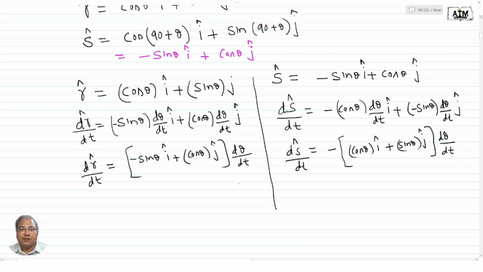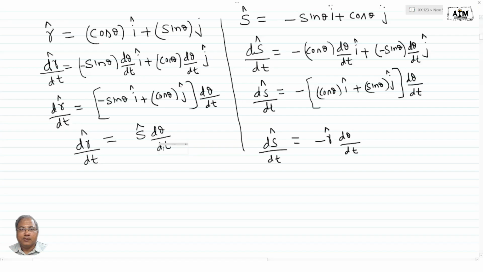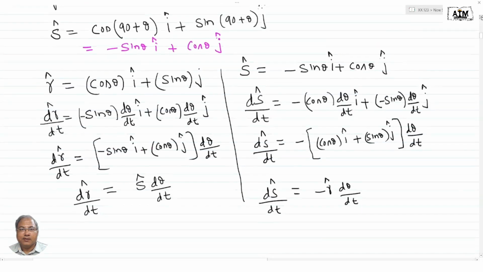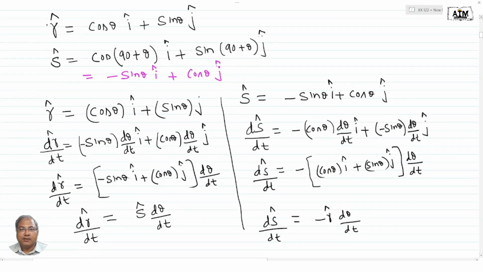Two expressions we got here for dr cap by dt and ds cap by dt. The term in the bracket, minus sin theta I cap and cos theta J cap, this is nothing but S cap. So here this minus sin theta I cap plus cos theta J cap is replaced by the S cap.